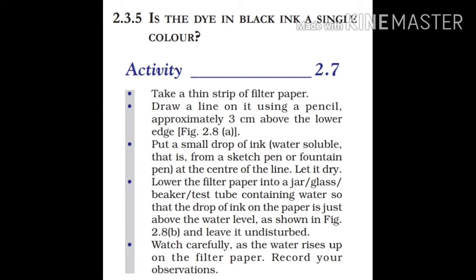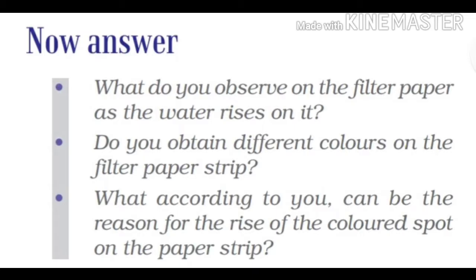Lower the filter paper into a jar, glass jar or test tube, any one of them, containing water, so that the drop of ink on the paper is just above the water level as shown in the figure, and leave it undisturbed. Watch carefully as the water rises up on the filter paper. Record your observations. Now answer.